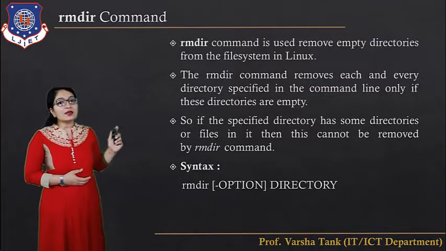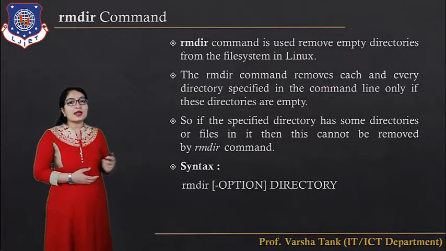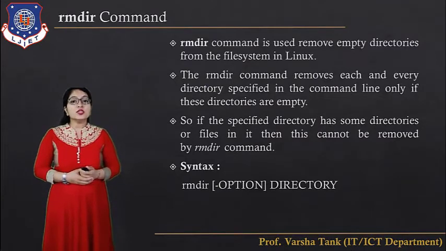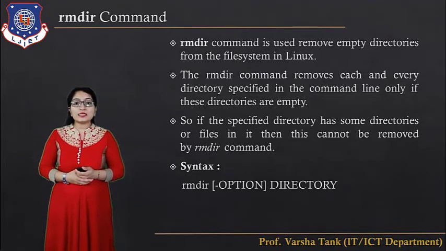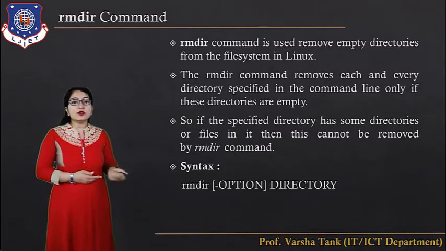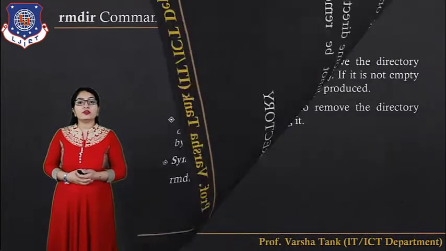The rmdir command removes each and every directory specified in the command line only if these directories are empty. Okay, then syntax for this, that is rmdir options, and then you have to write the directory.